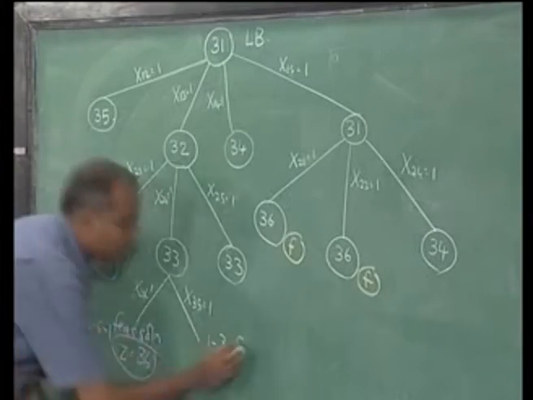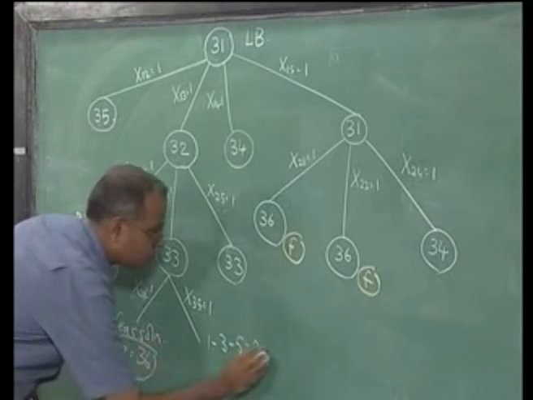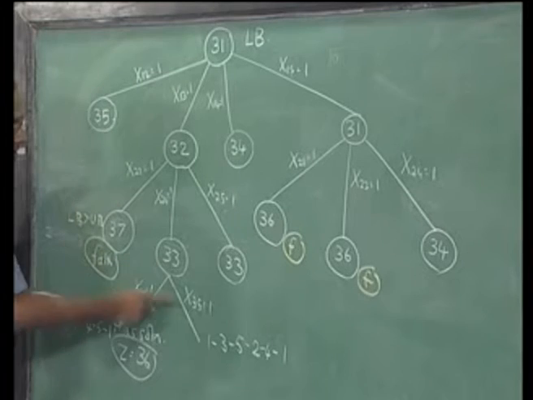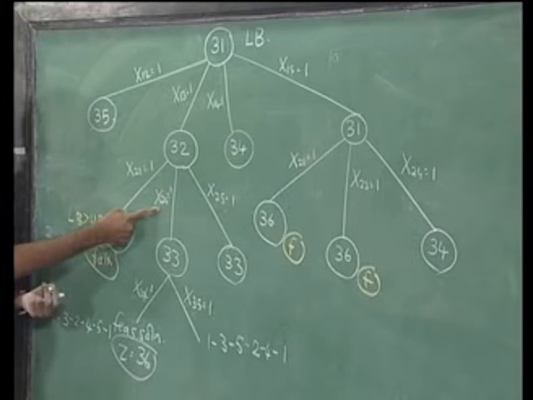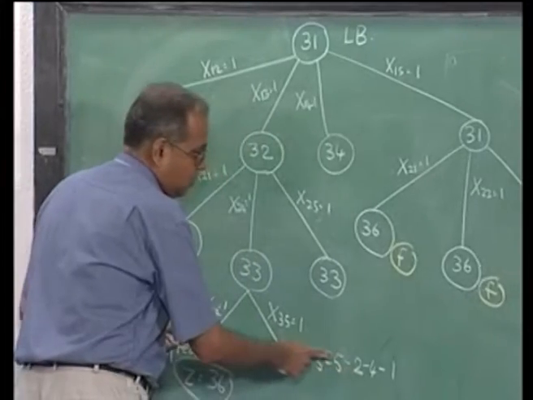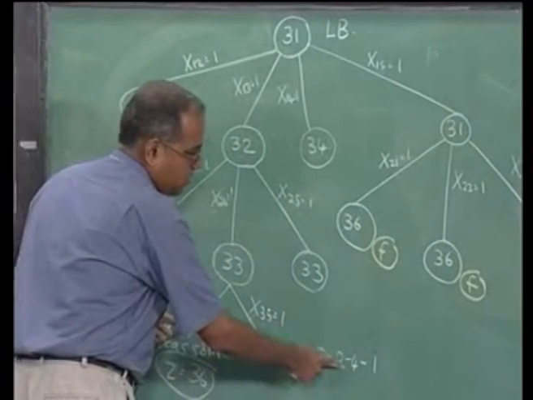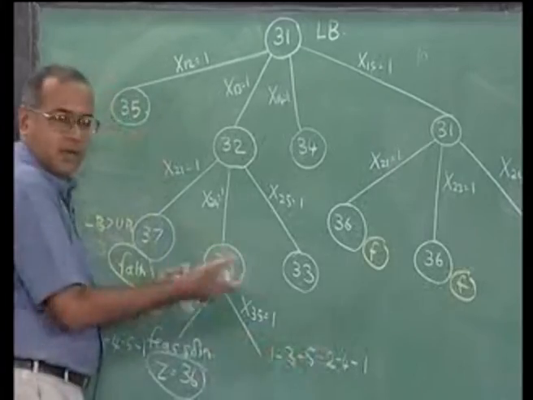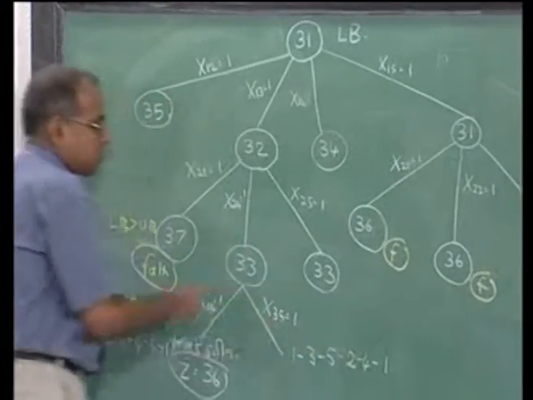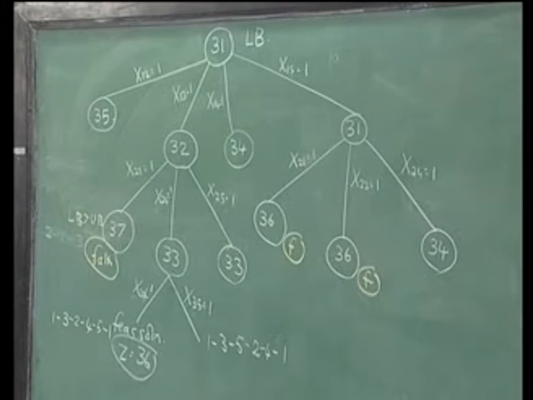I repeat again, since I have 1 to 3, 3 to 5 and I also have 2 to 4, I cannot have 4 to 2. So, I will only have to move from 5 to 2, otherwise I will end up coming back. So, this would give me a feasible solution 1 to 3, 3 to 5, 5 to 2, 2 to 4, 4 to 1.